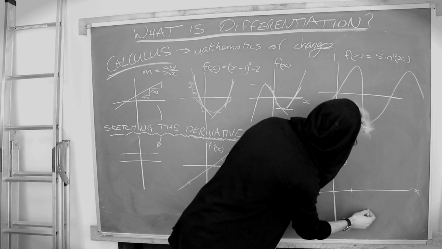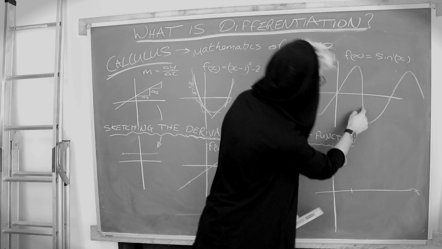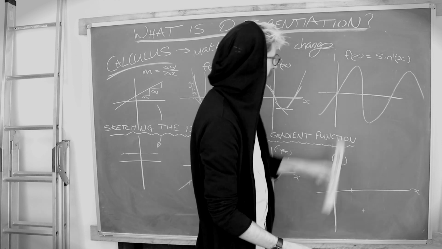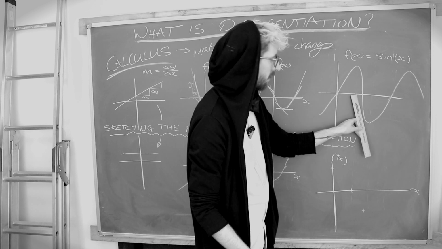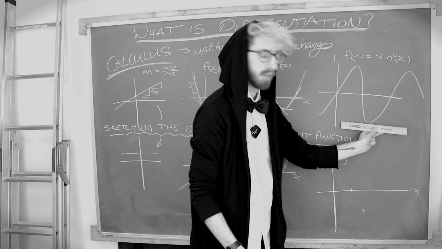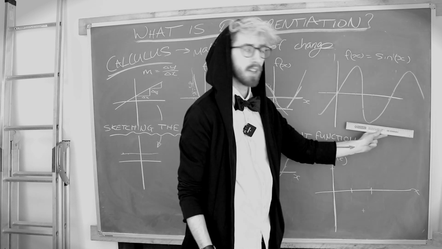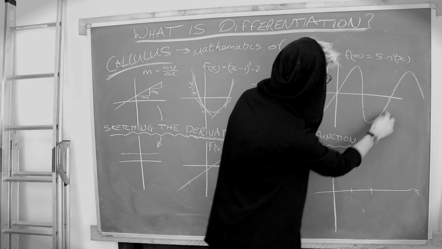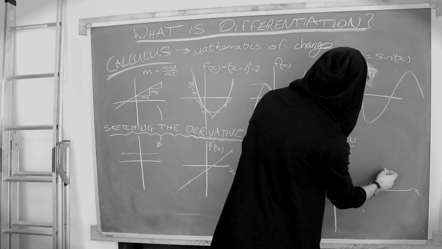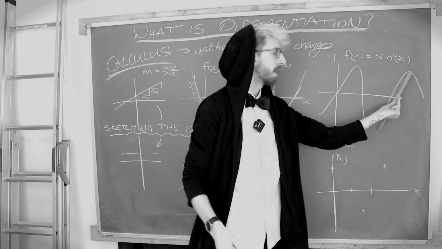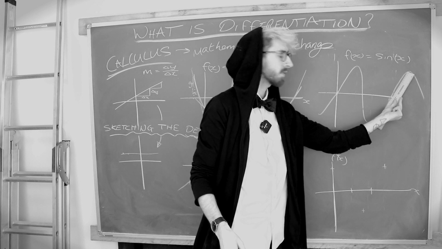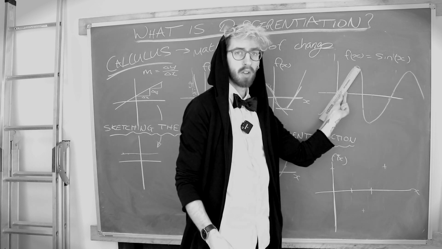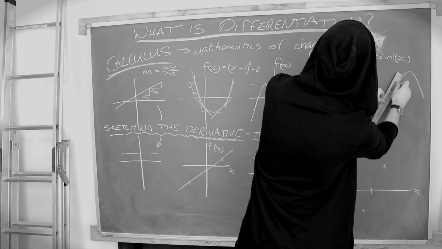So at some point down here, it goes to its maximum negative, and then it starts to go back up to 0 there. Then it goes positive, and it gets to a maximum positive, right about there. And notice how the tangent there is the same as the tangent there, because they're parallel.